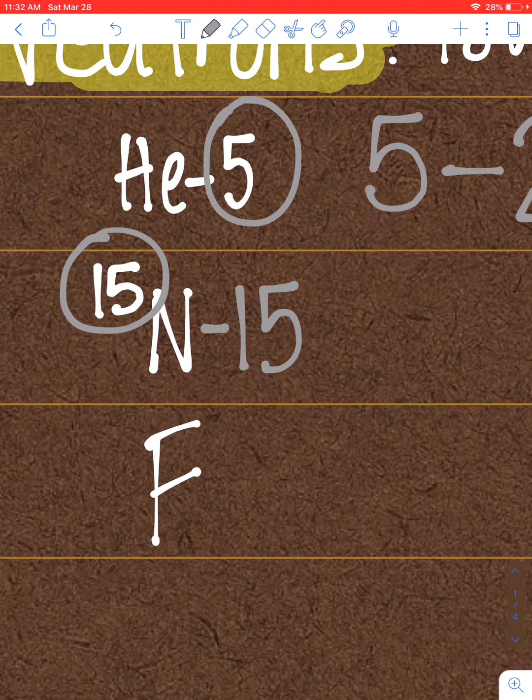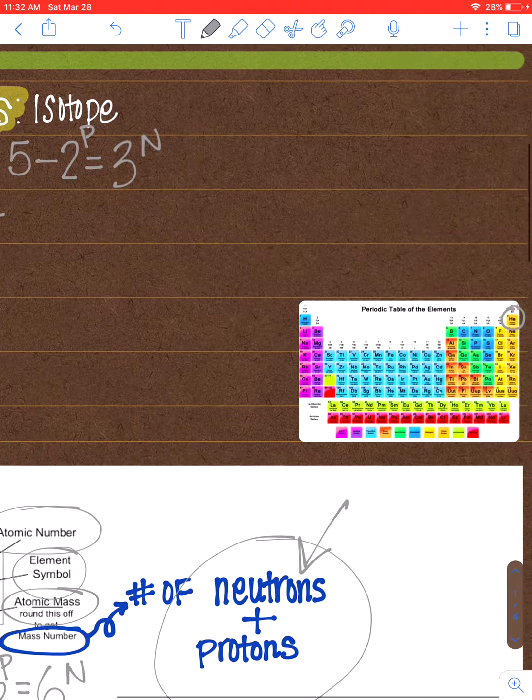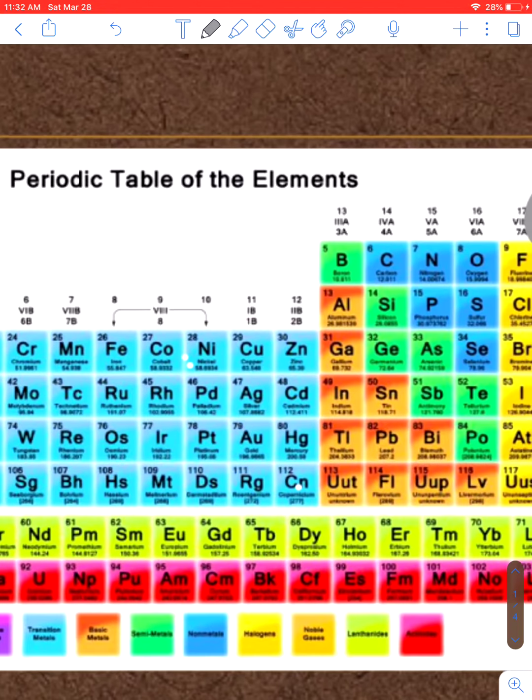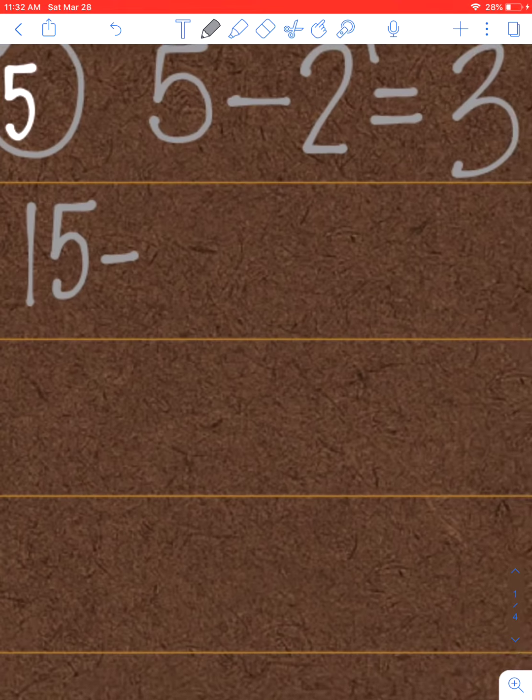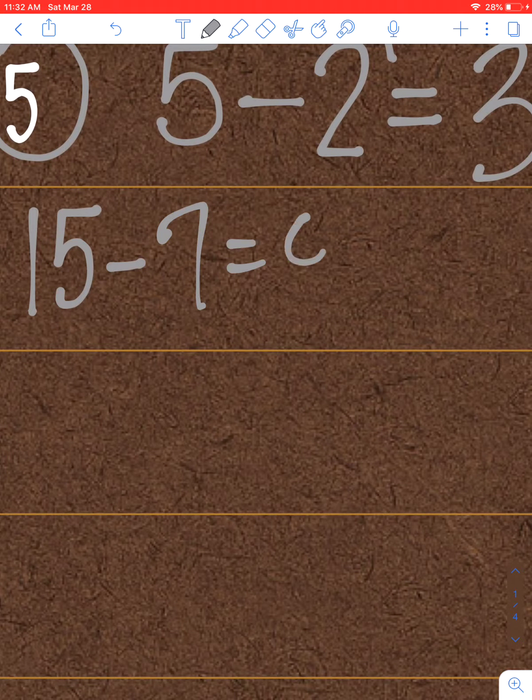So you just kind of have to get familiar with both models. All right, so let's take the one we give you, upper left-hand corner, but it is just exactly as above. 15 minus, let's take a look at the periodic table. We know that nitrogen has 7 protons, so minus 7 equals 8 neutrons.